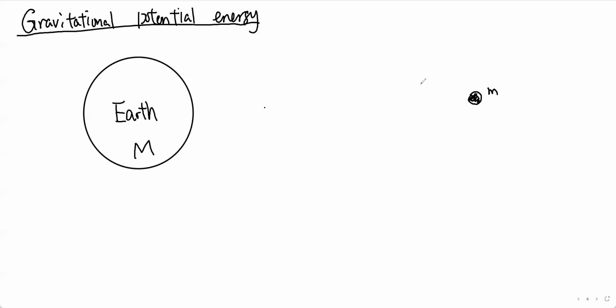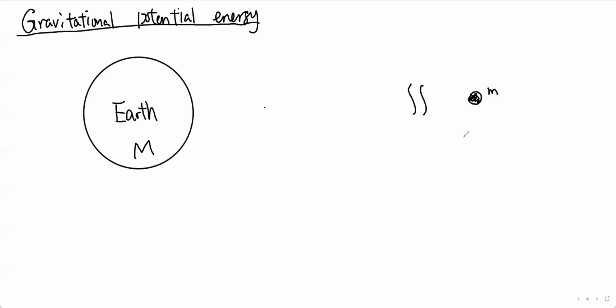So at this point, I can't draw the object at infinity. I'll just draw something like this. So that means they are separated to infinity.